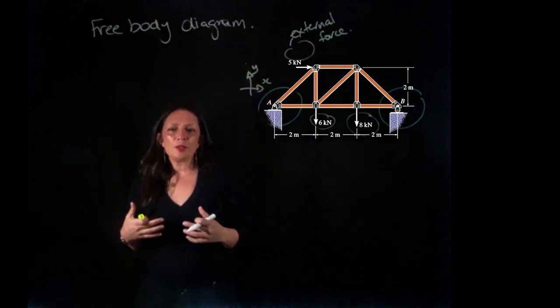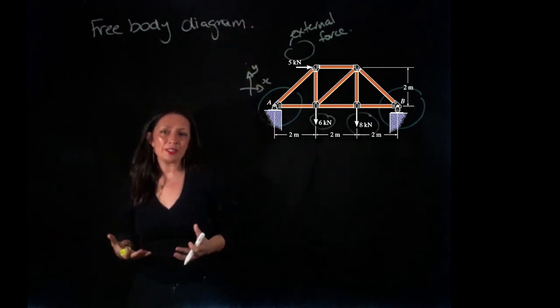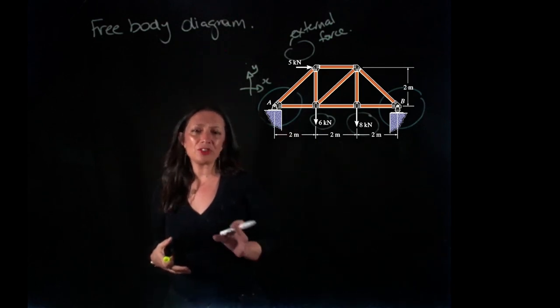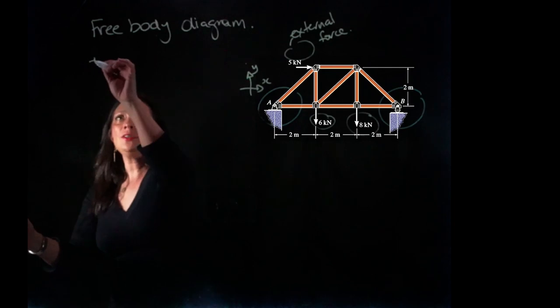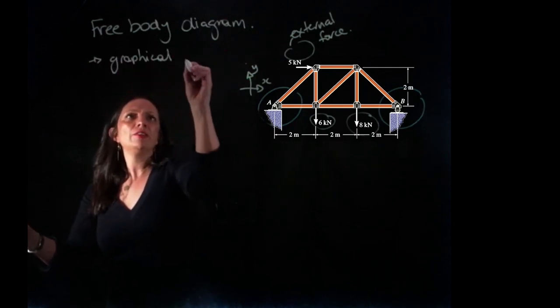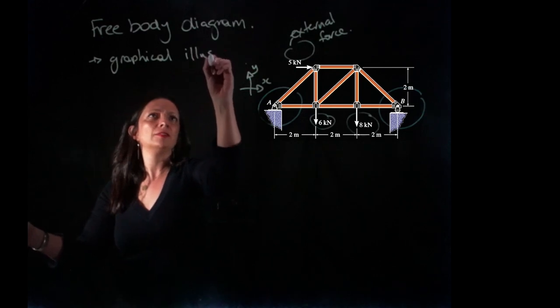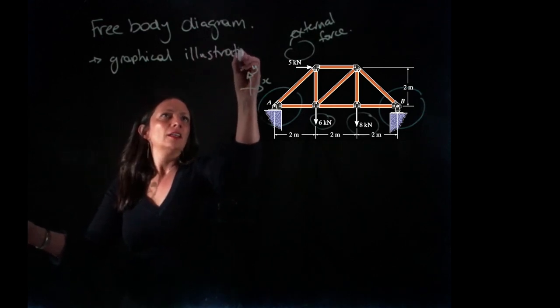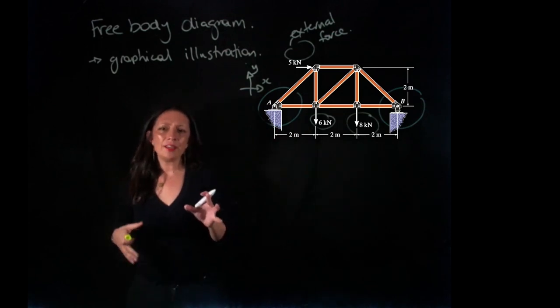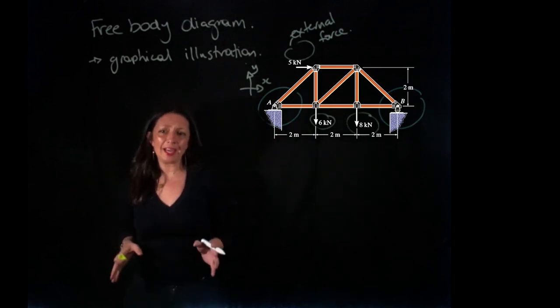A free body diagram is a graphical representation of our problem that is simplified so that we can actually solve it. It's a graphical illustration, and this has got to be one of the most important things that you need to do before you solve any mechanics problem.